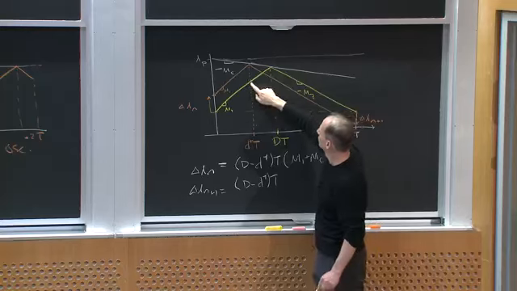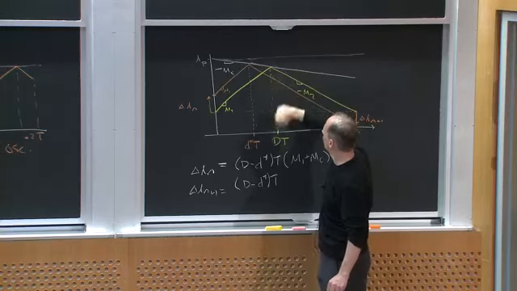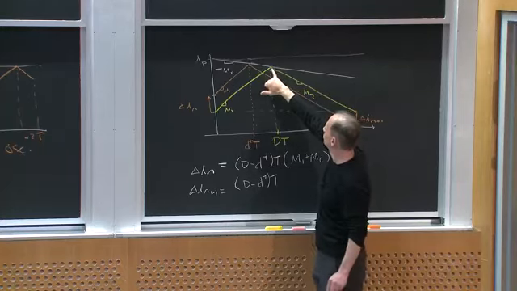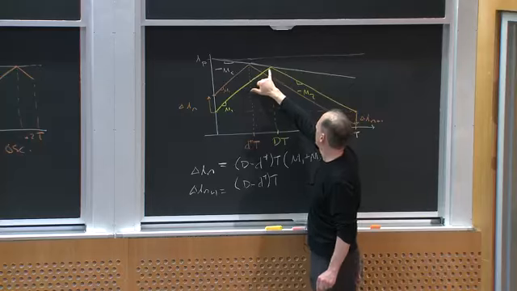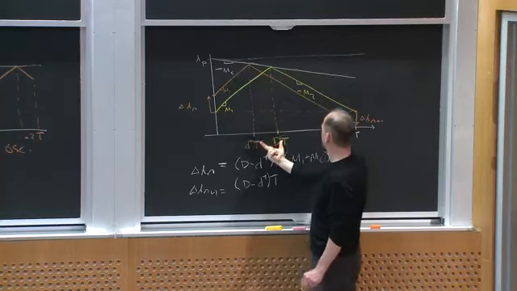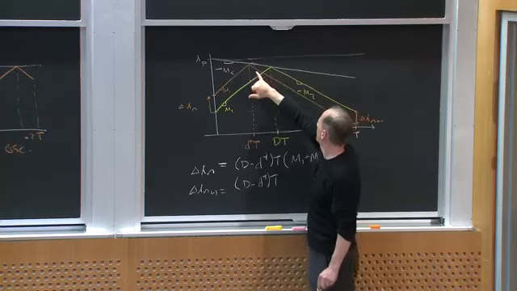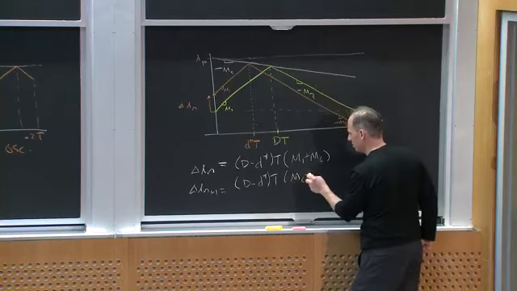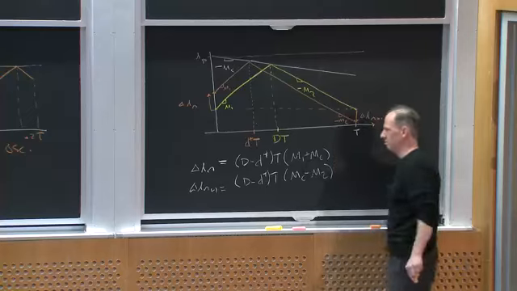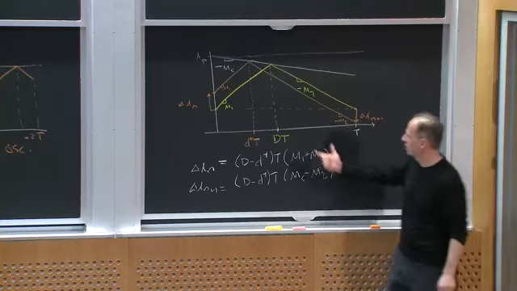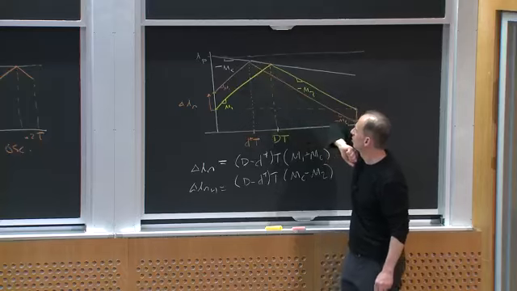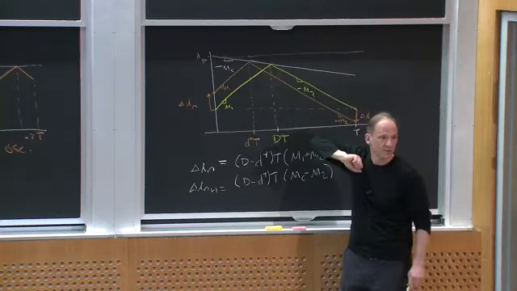I could write this in terms of D minus D star T times MC minus M2. They're both related to this time difference. It's just that I'm running up and down different slopes. Does that make sense to everybody?